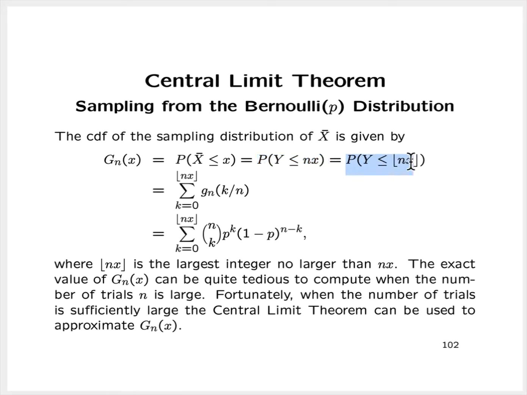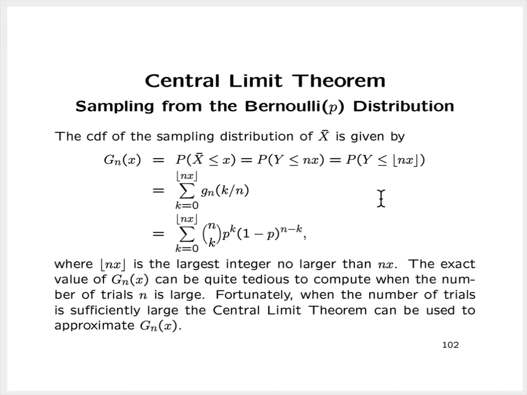Now, remember that the CDF has to be defined at every real number. And so if we were to evaluate this at values of x that are not in the sample space of x bar, then we need to account for that. That is done by using the greatest integer function. This function is the greatest integer that is less than or equal to n times x.